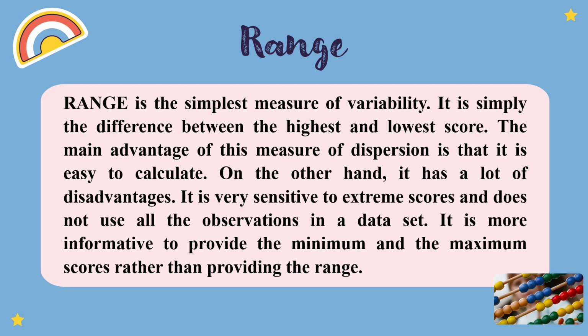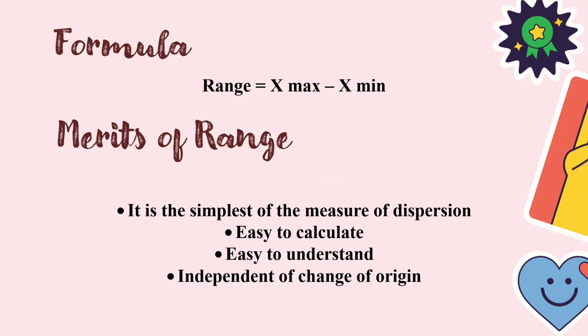A range is again the most common and easily understandable measure of dispersion. It is the difference between two extreme observations of the data set. So if x sub maximum and x sub minimum are the two extreme observations, then we have the formula range equals x sub maximum minus x sub minimum.